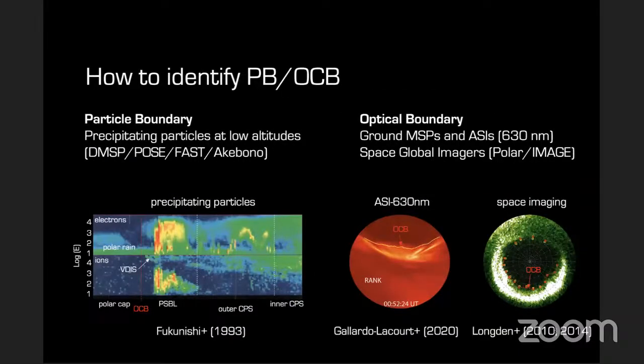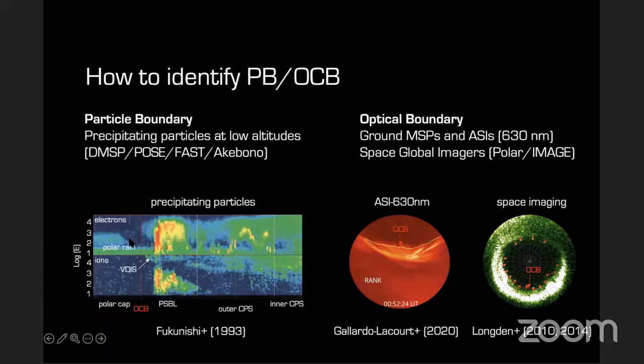So how can we identify the boundary? Mainly there are two ways. One is using in-situ satellite observation of precipitating particles, which was already described in detail by Tom in the last CINEM seminar. To identify the boundary, we can use the characteristic signature of electron and ion spectra.